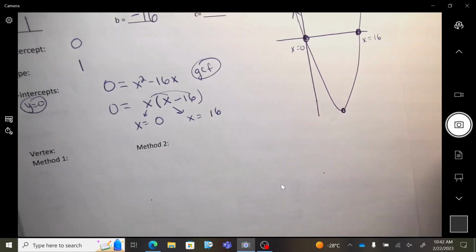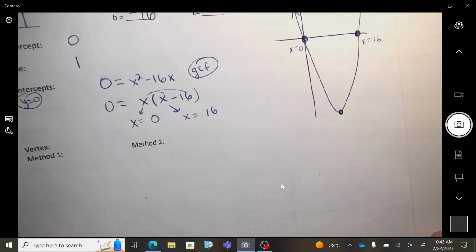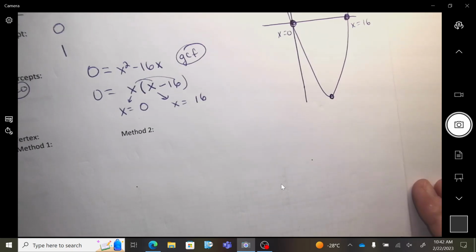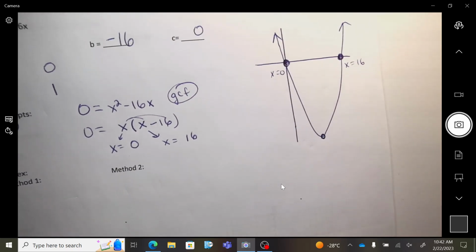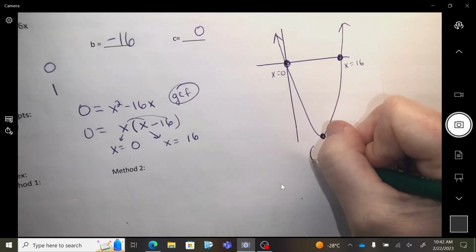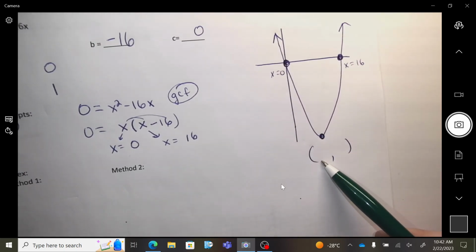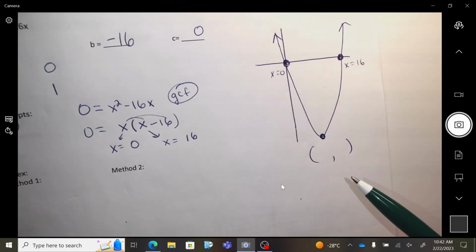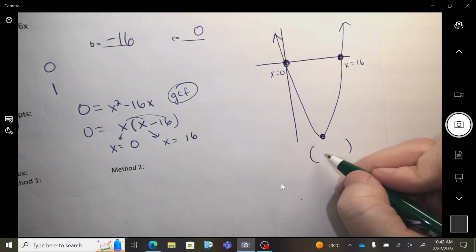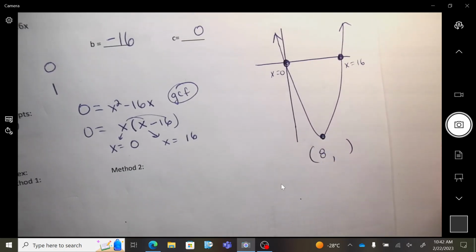Could anybody, using some mental math skills here, figure out what the coordinate would be for the vertex? So what is the x value going to have to be on that? Think about your symmetry. 8. It has to be 8 because it's in the center of 0 and 16.